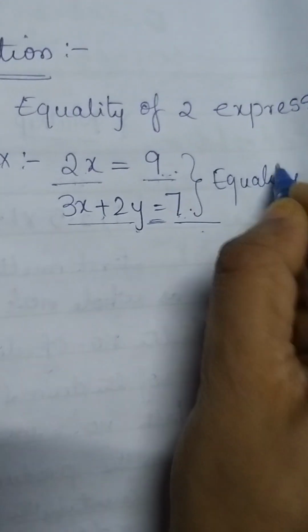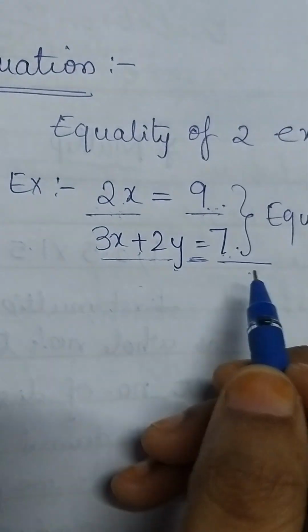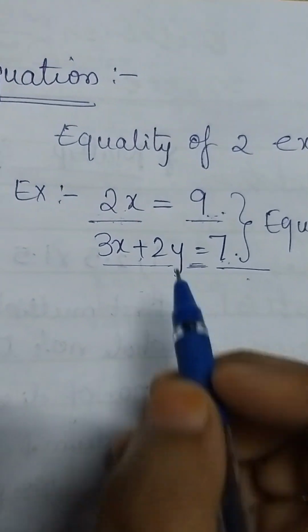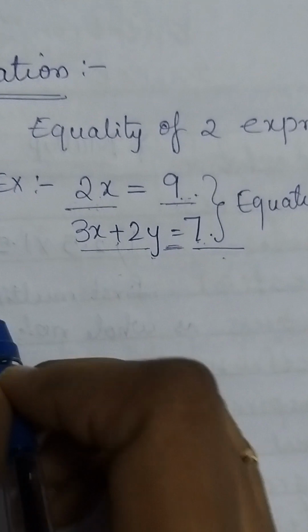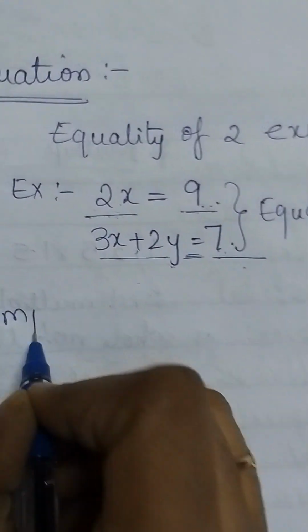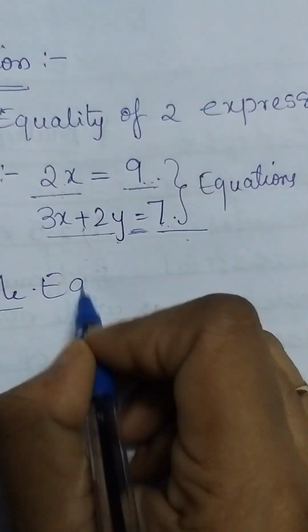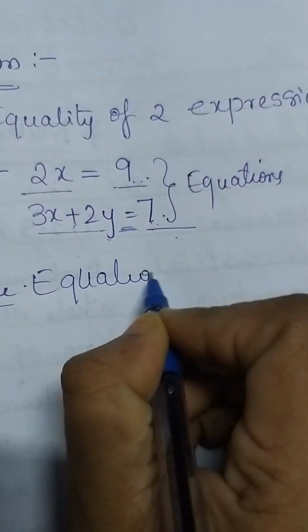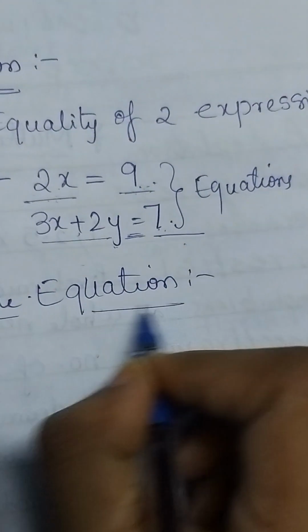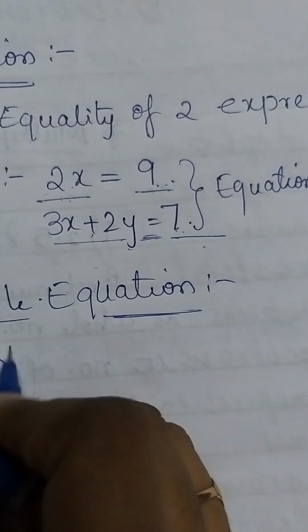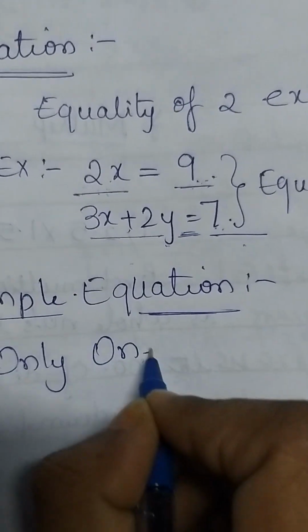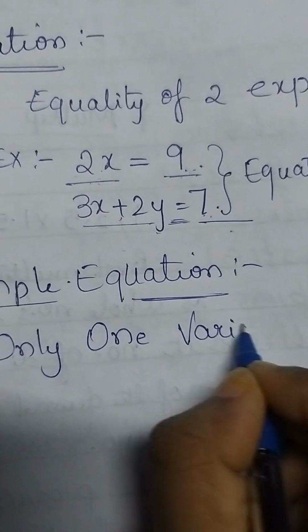Okay children, equality of two expressions can be said to be an equation. Simple equation, what is a simple equation? A linear equation having a single variable, only one variable, is called a linear equation.